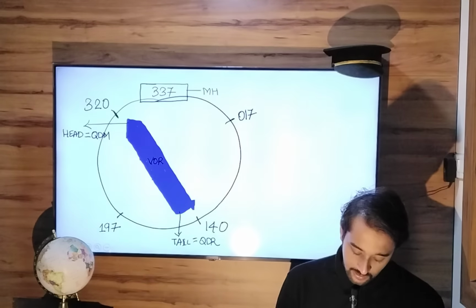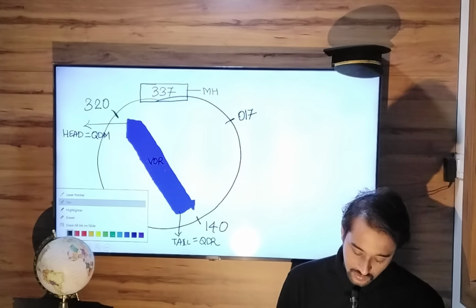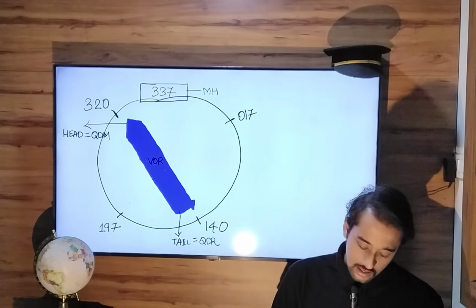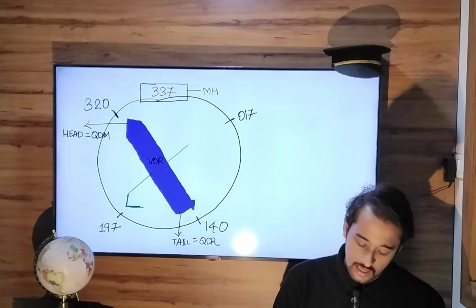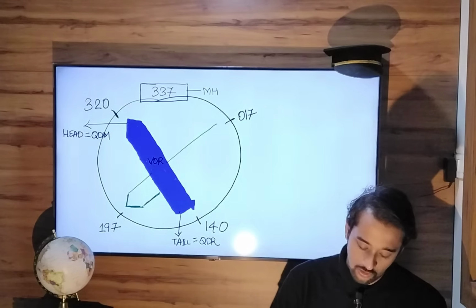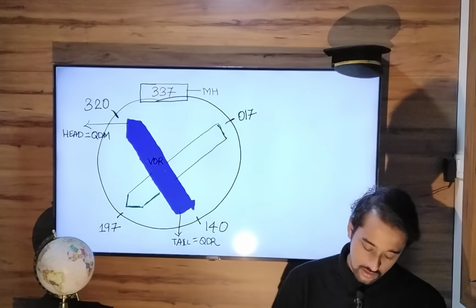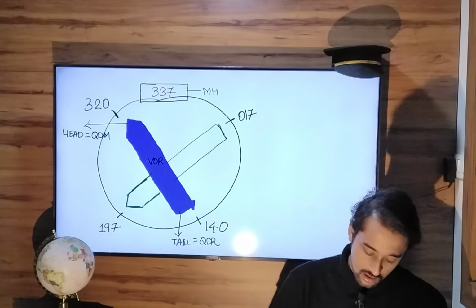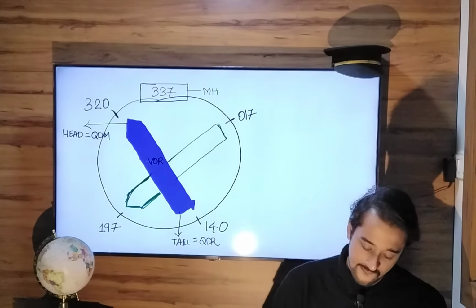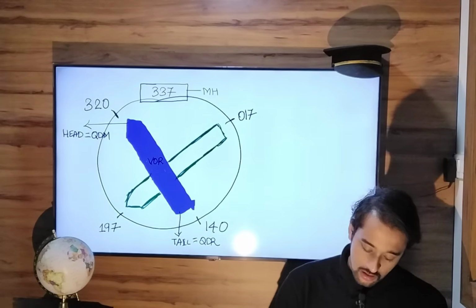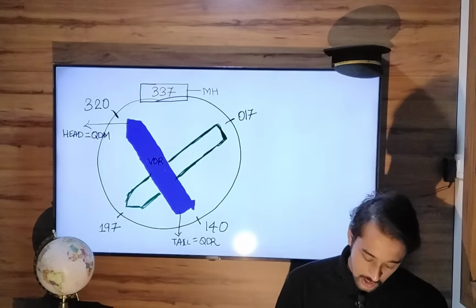So in case of NDB needle, the head of the needle will point towards 197 and the tail will point towards 017. So this is for your NDB.